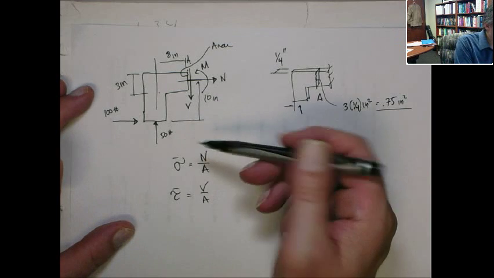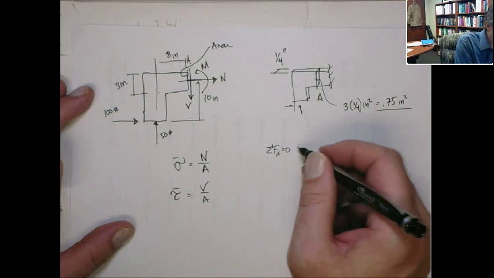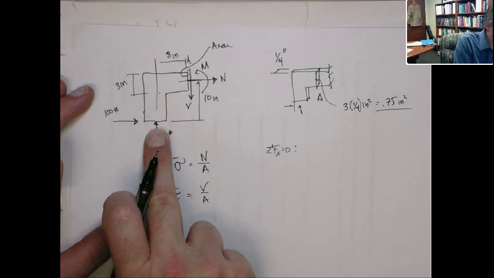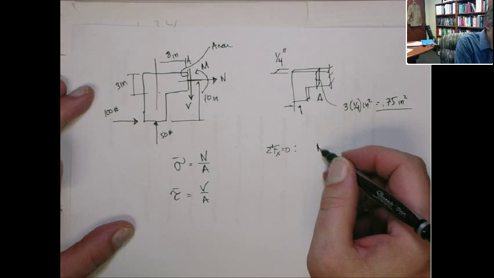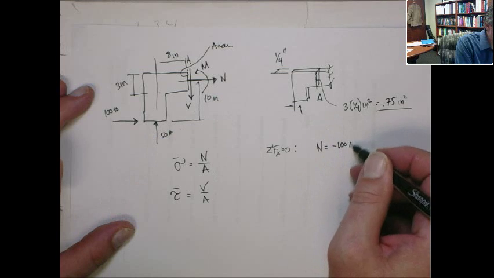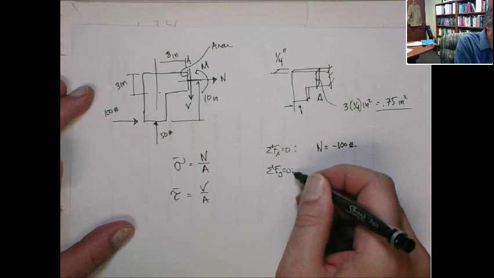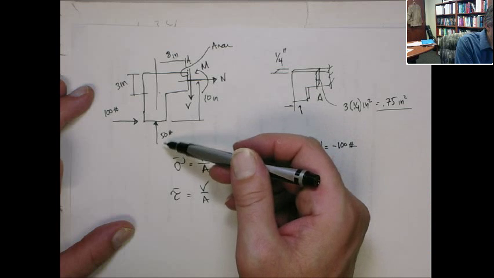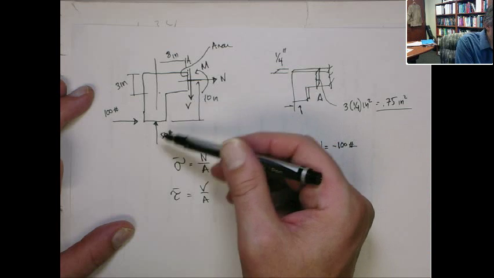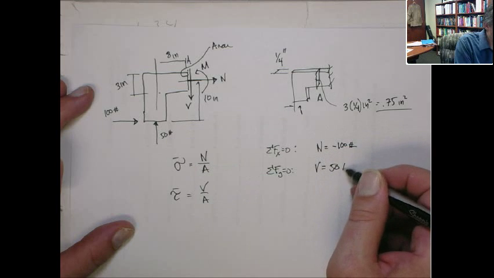Now, if we do sum of forces in the x equals 0, that tells us from this free body diagram that N has to equal minus 100 pounds. And if we do sum of forces in the y direction equals 0, the way I've drawn it, V balances out 50, so V equals 50 pounds.